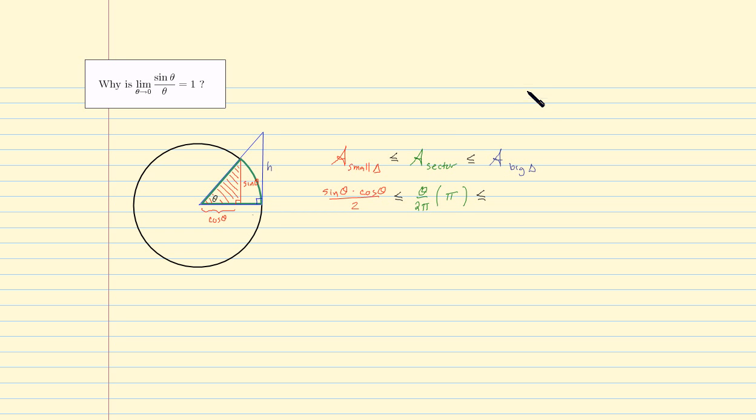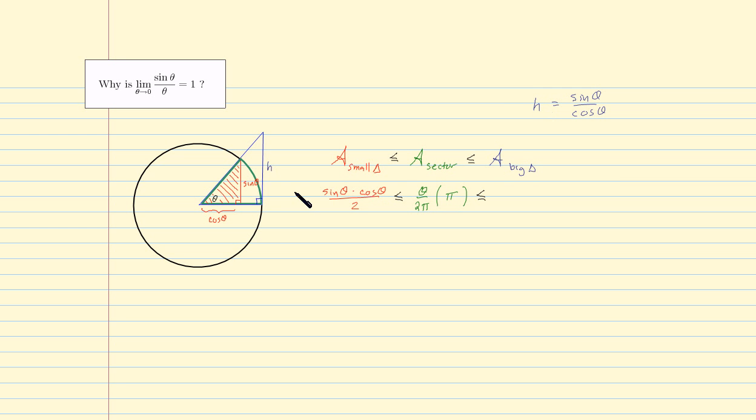So h is to 1, remember it's a unit circle, is the same as this side is to this side, so sine of theta over cosine of theta. Of course, that tells us identically h is sine of theta over cosine of theta. We'll just replace that with just an h.